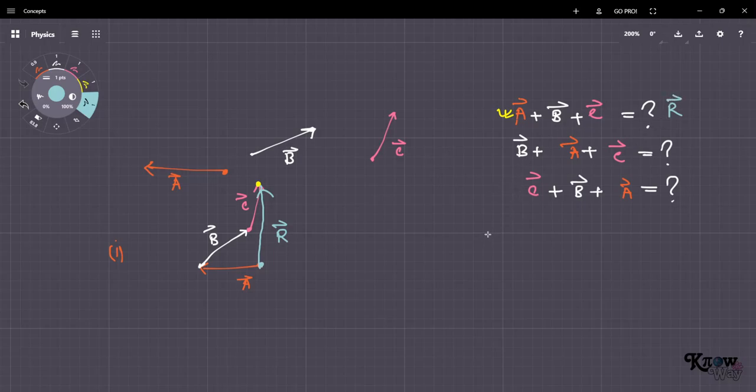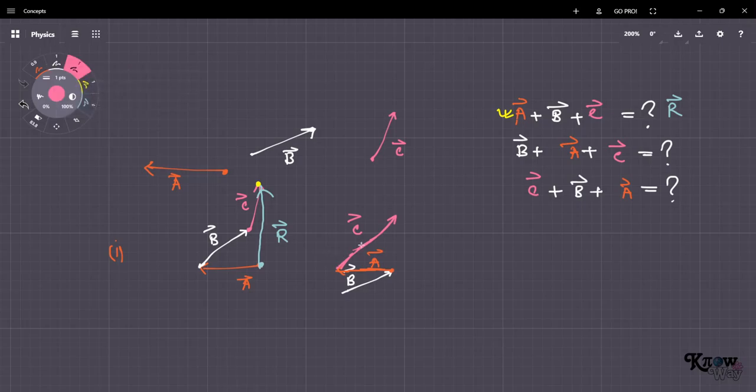Now let's look at the different scenario. The B plus A plus C. So now I add the B here, right over here. That's the B. With the B, I add A. A will go right over here, downstream. That is A. And with the A, I add C. The C will just go right over there. There it goes.